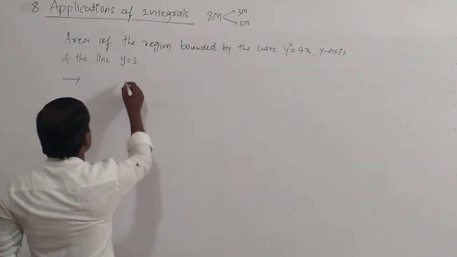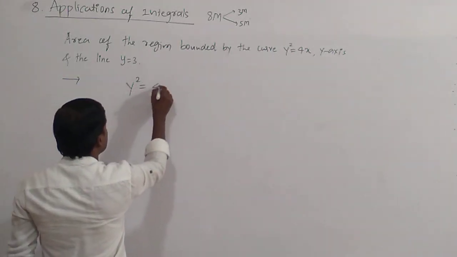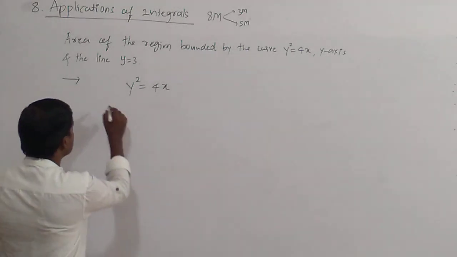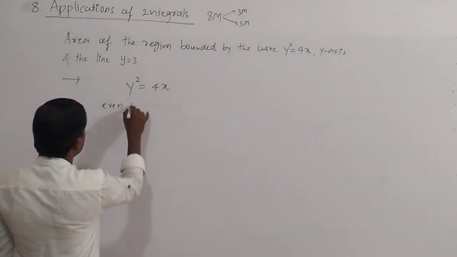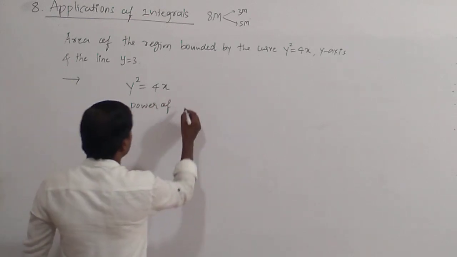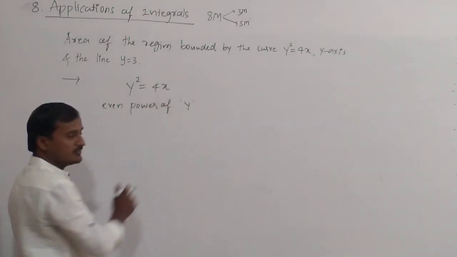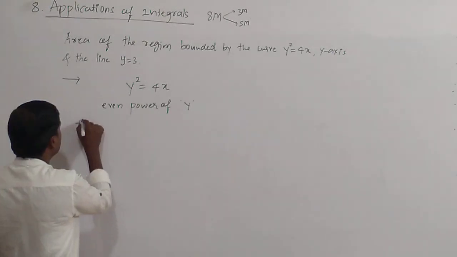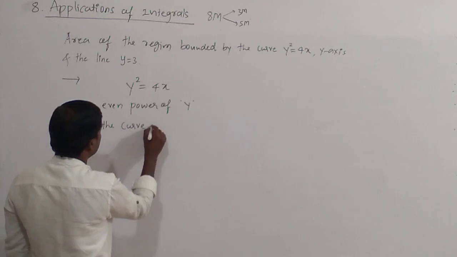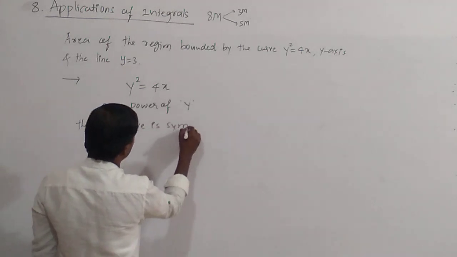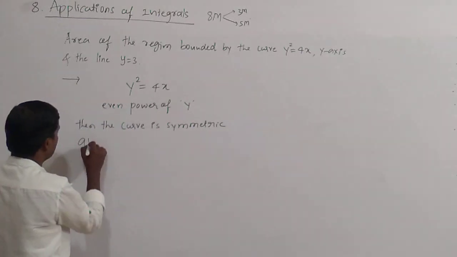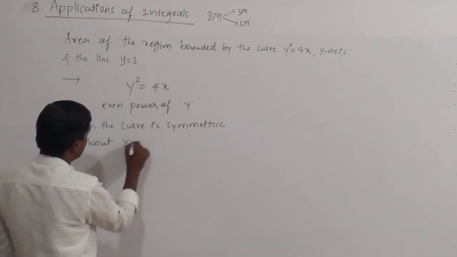Here first you should see that y square equal to 4x is there. So clearly it is an even power of y. If it is an even power of y, then the curve is symmetric about the x axis.